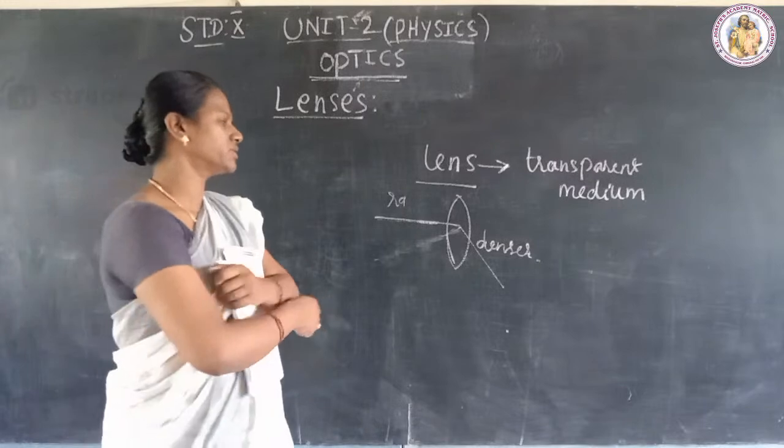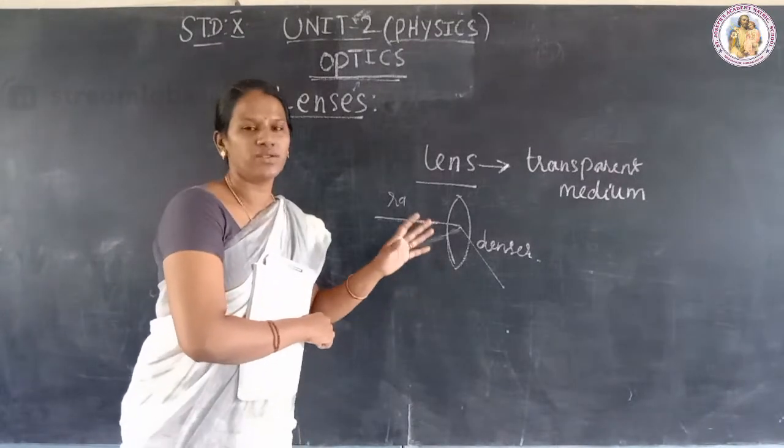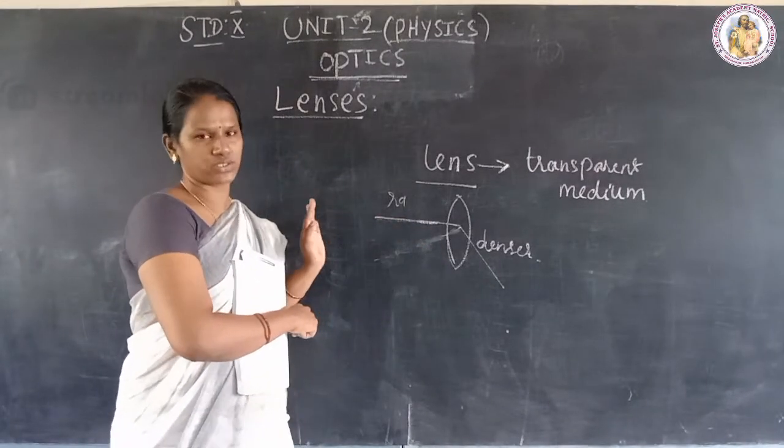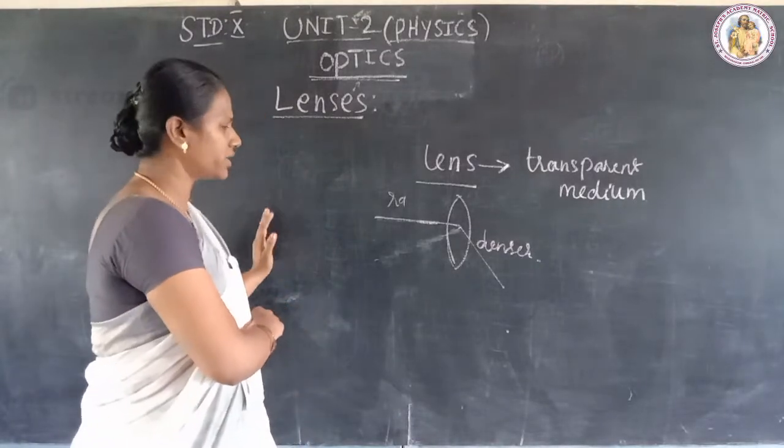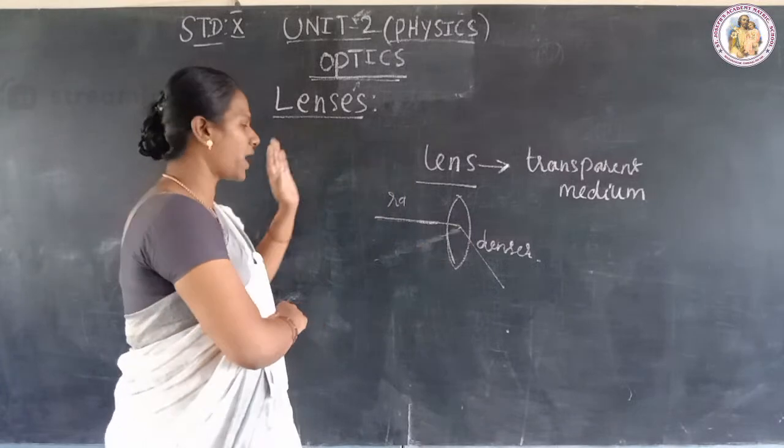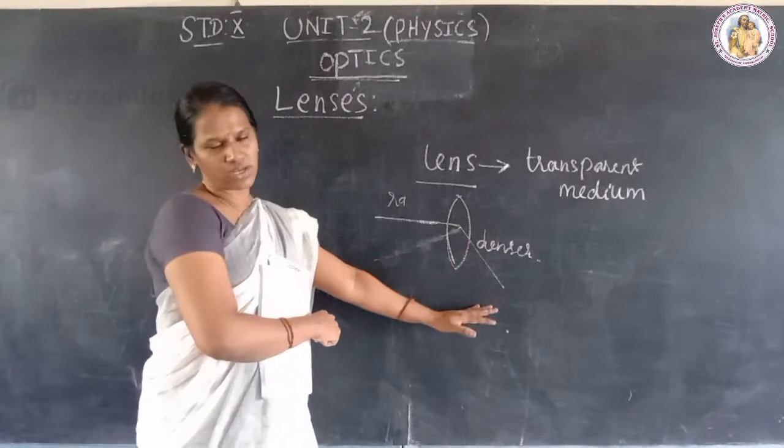When the light passes through the lens, it gets refracted because it travels from the air to the glass, that means from a rarer medium to a denser medium.